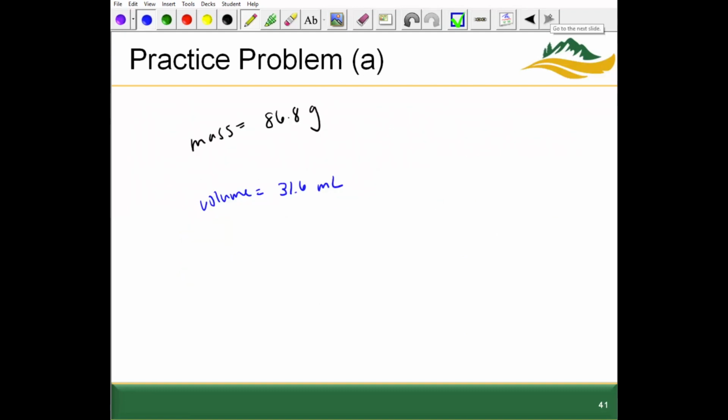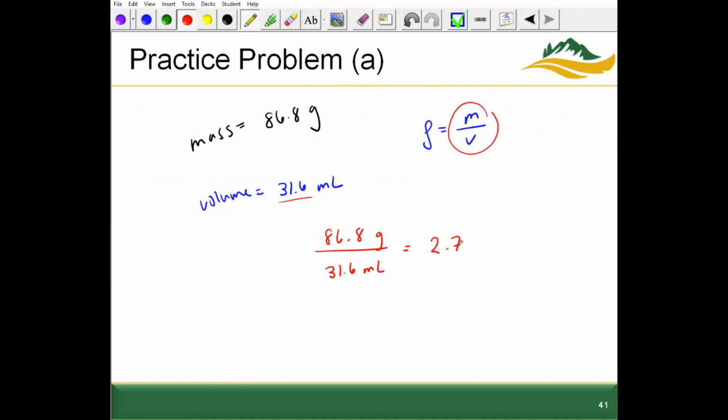Now to finish solving for density, which we know is mass over volume, we have our mass, we have our volume, we just need to put those together, know that we're doing a division problem, and then have the correct number of sig figs for a problem that has division in it. When we take 86.8 grams divided by 31.6 milliliters, we should get 2.7468 grams per milliliter.